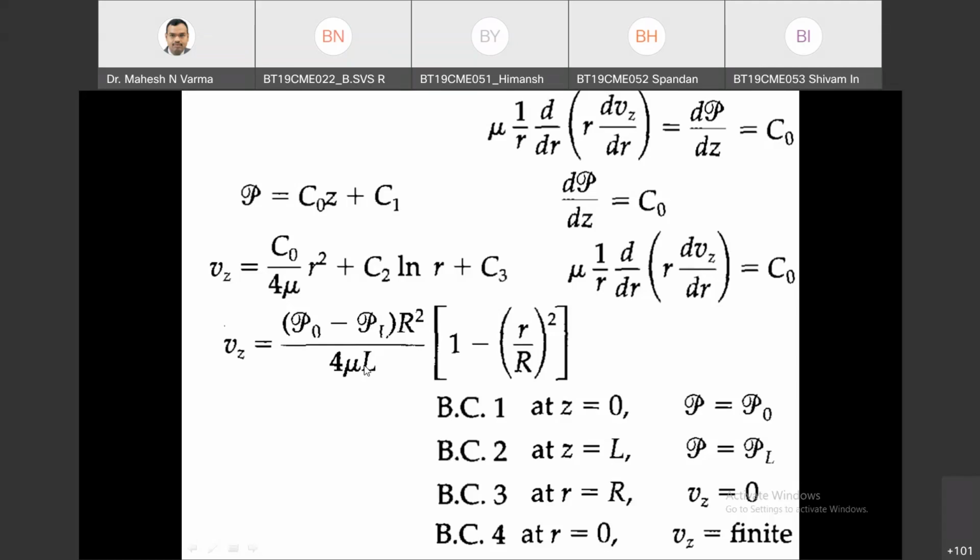Everybody got this equation? Only a few people have written in the chat box. Are you writing your notes or just listening to class?